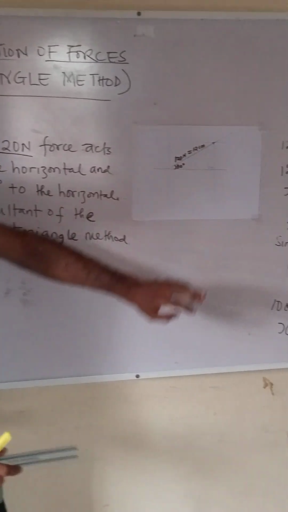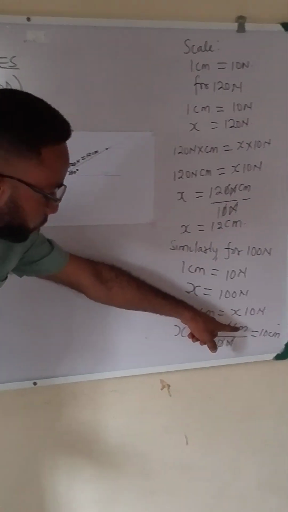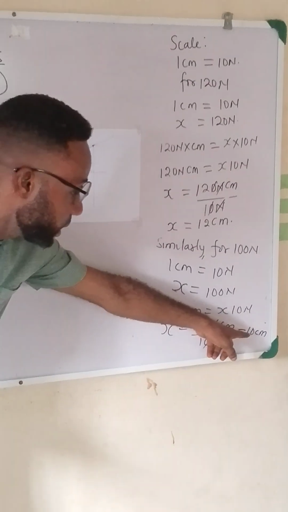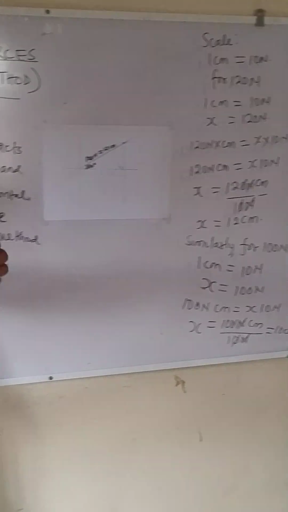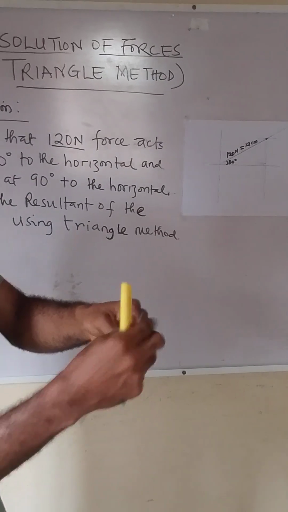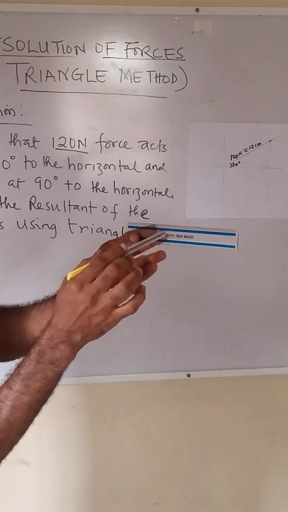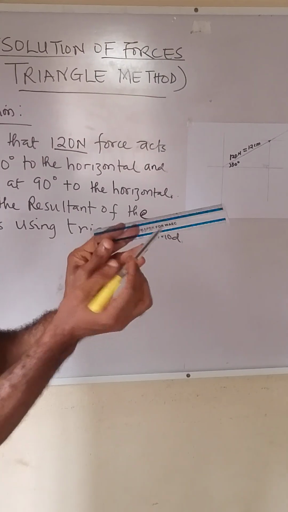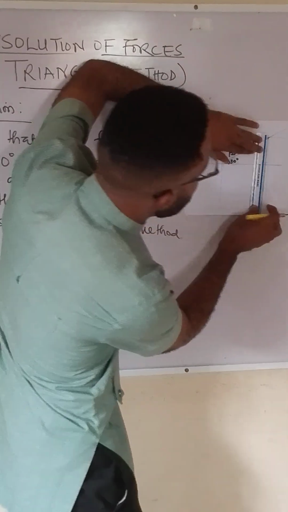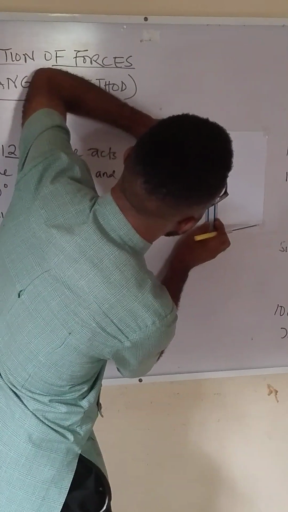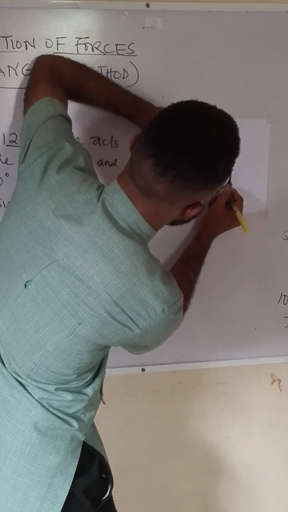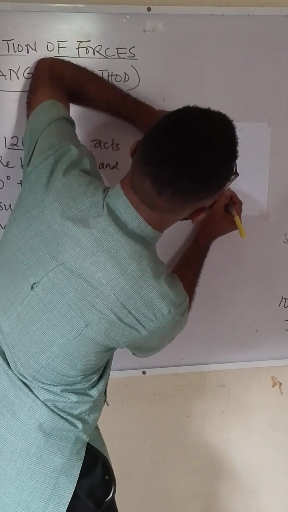But we remember that from our scaling, the 100 Newton force is 10 cm. So we take a ruler and measure 1, 2, down to 10 cm. We take it from this reference point, and we have the 10 cm to be here.